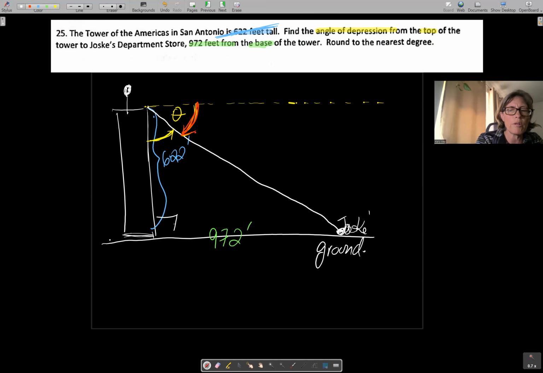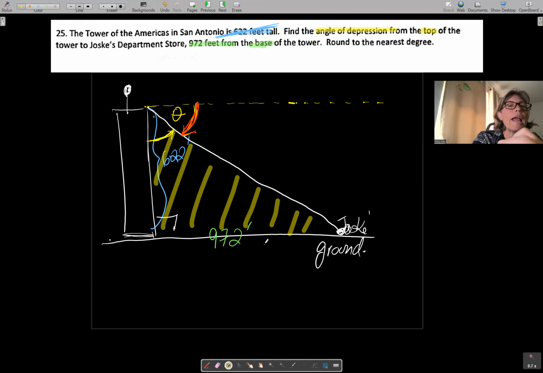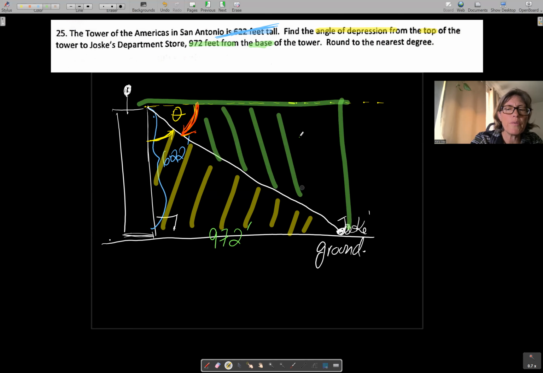So we have a right triangle. So right here, our numbers are in this triangle, but the angle we want is in this triangle.